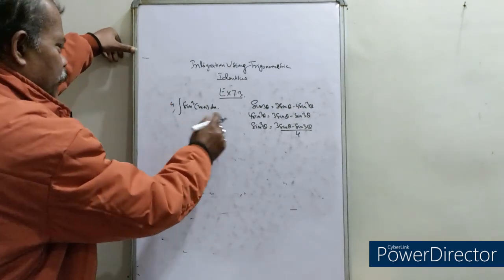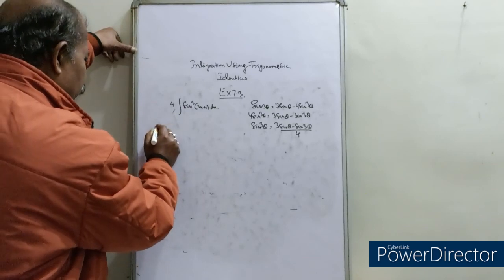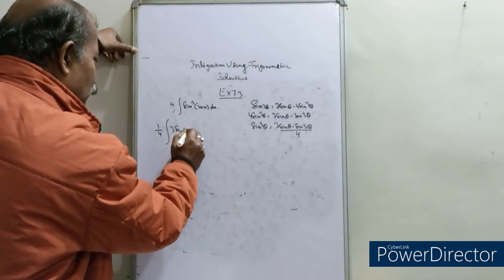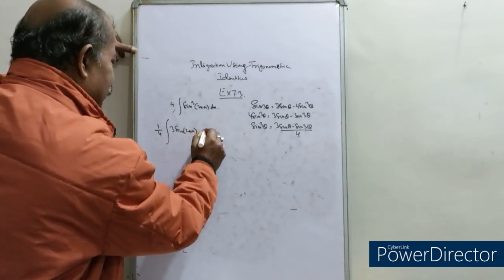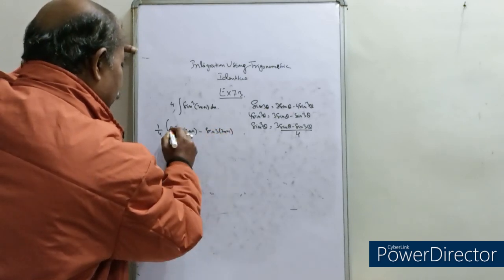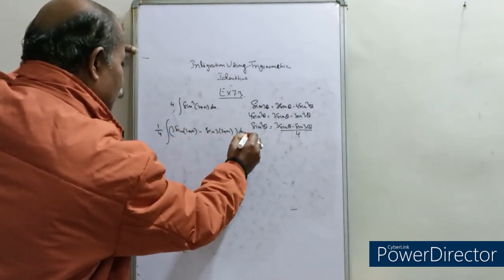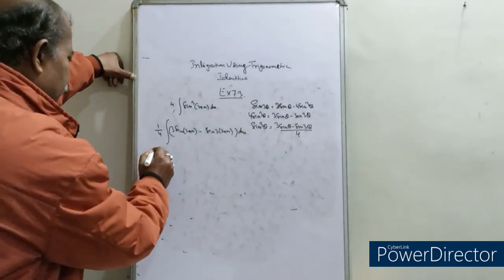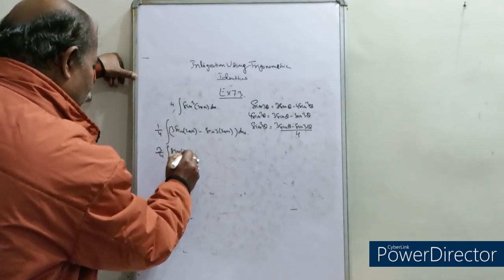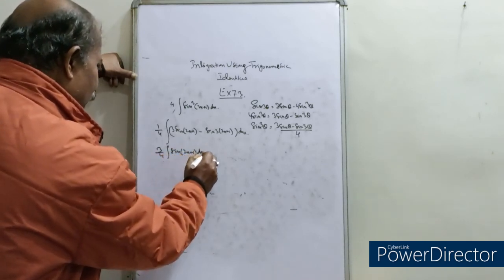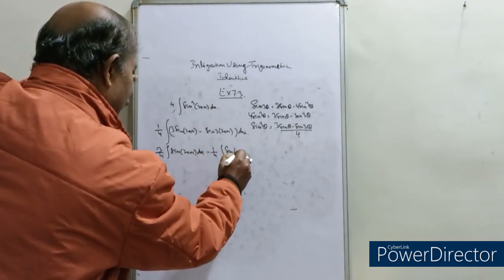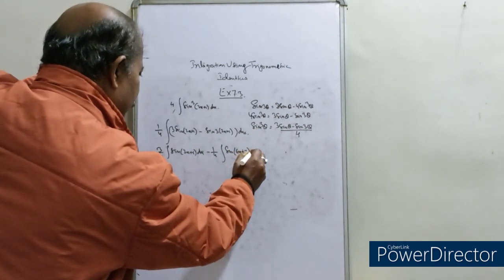So here if you place the value, it will become 1 by 4 (3 sin (2x + 1) minus sin 3(2x + 1)) dx. So it will be 3 by 4 integral of sin (2x + 1) dx minus 1 by 4 integral of sin (6x + 3) dx.